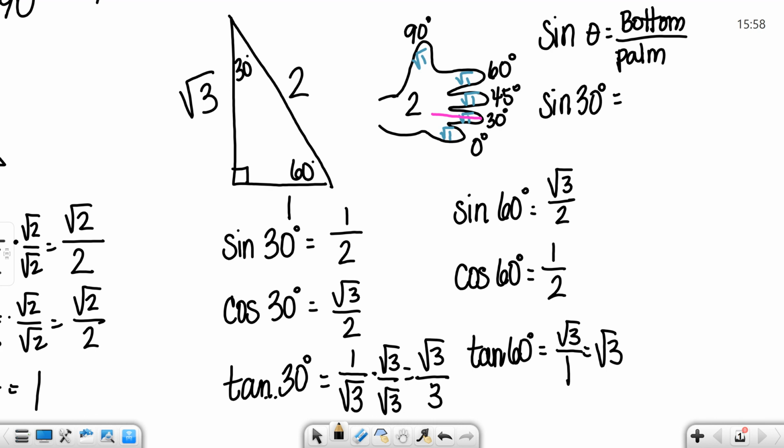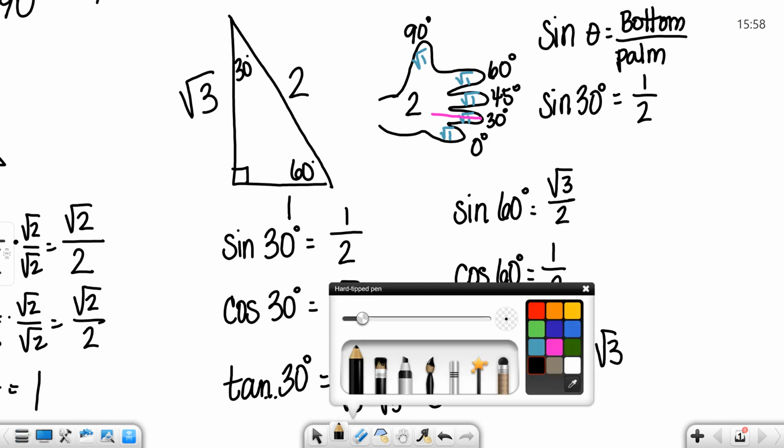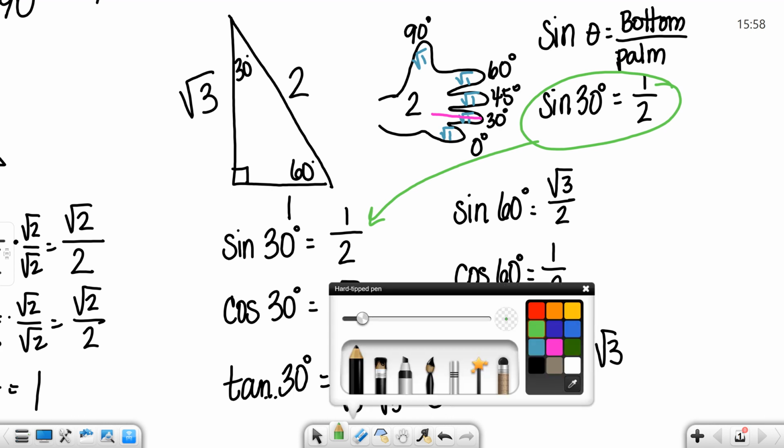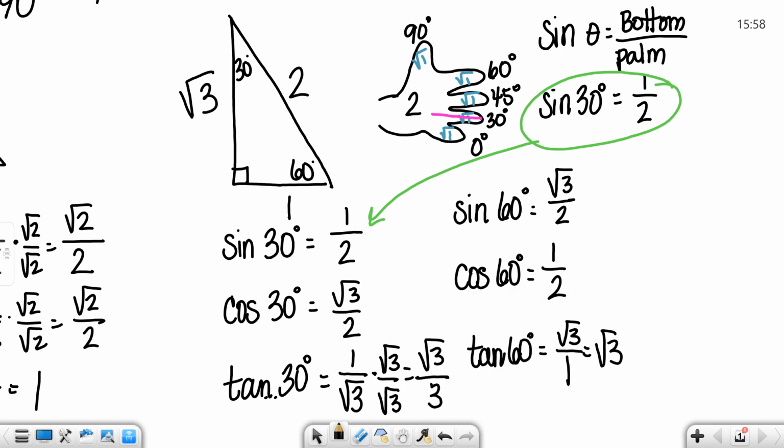If I look at what's below that pink line, I have that square root of 1, my pinky, which has a value of 1. The number that's in the palm of my hand is 2. Oh, look at there, guys. The sine of 30 is a half. Now, you may hate this. You may think it's silly. I love it. I'm going to do another one.